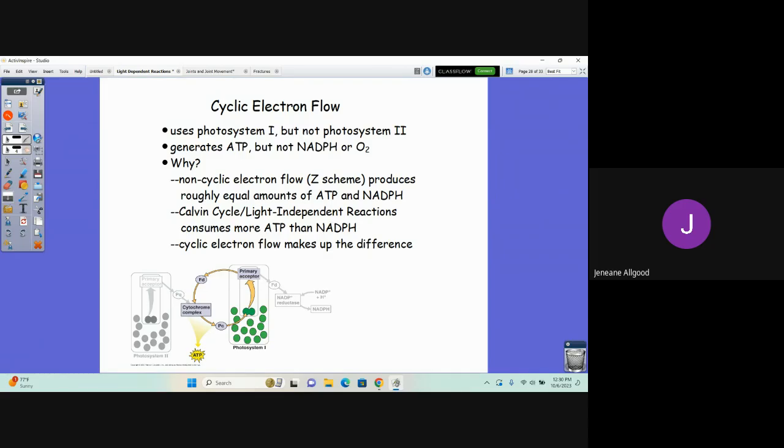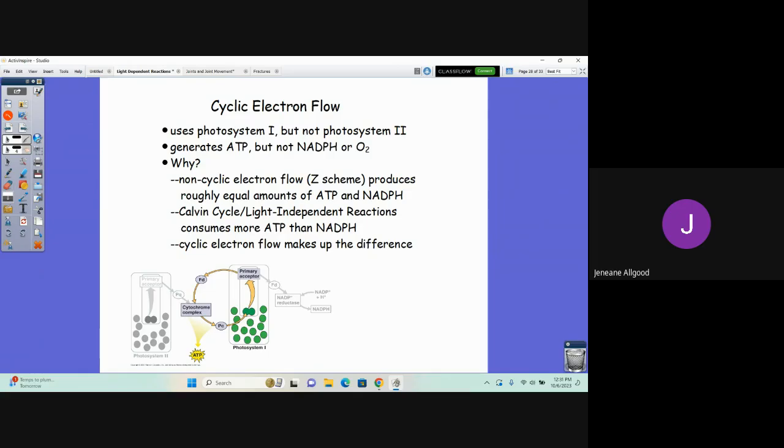And so basically, yes, the photon of light comes in, strikes a pigment in photosystem 1, it excites those electrons, it still passes those electrons to ferredoxin, but now notice what ferredoxin is doing. Ferredoxin is going to move over here, and it's going to pass its electrons to cytochrome complex and then plastocyanin. And so think about how that looks, okay?